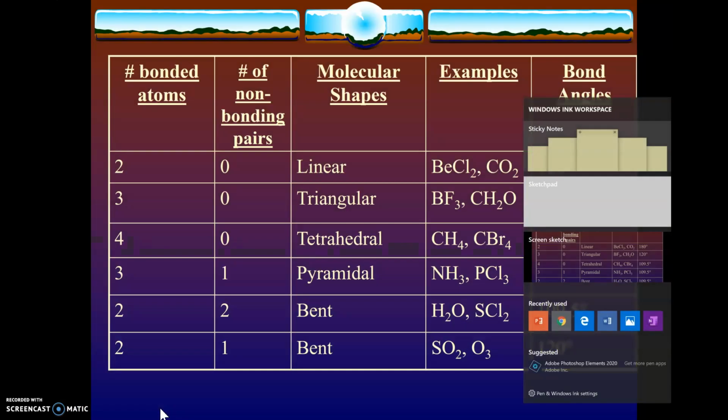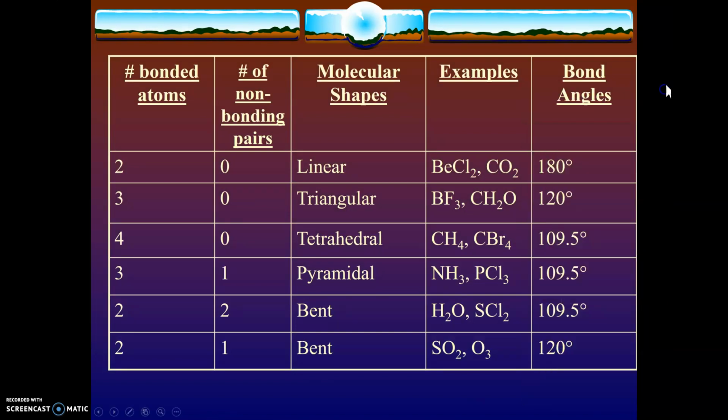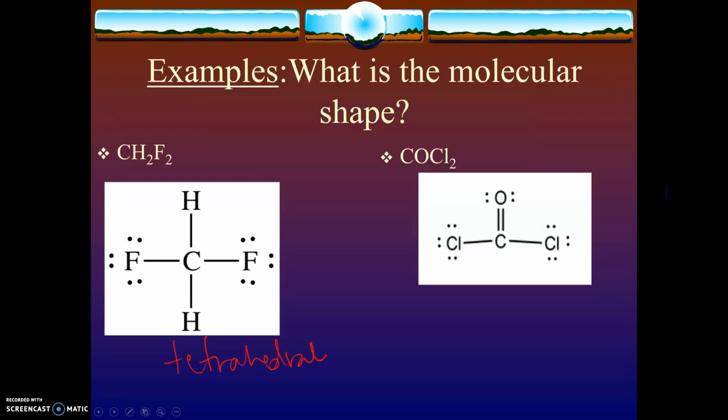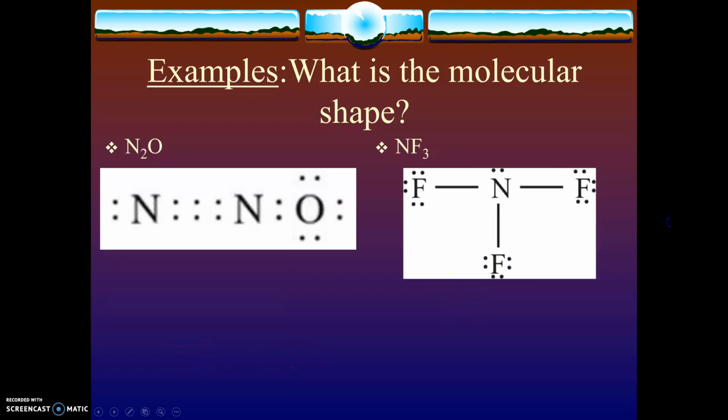And a 3, 0 is right here. It's triangular, or again, sometimes we call this trigonal planar. You'll see it both ways. So again, you can use either way on that one. So this one's going to be triangular or trigonal planar.